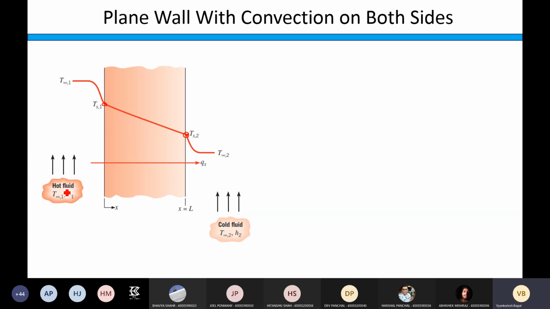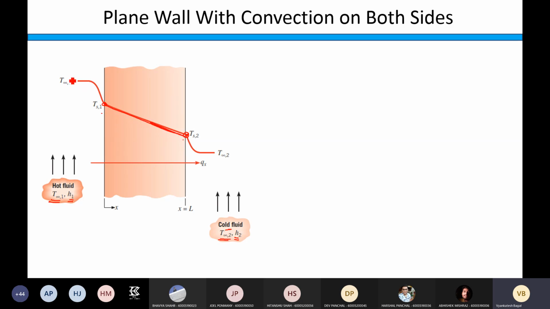So on this side you have the hot fluid having temperature T infinity 1 and the heat transfer coefficient h1, and on the other side you have the cold fluid having temperature T infinity 2 and the heat transfer coefficient h2, right?